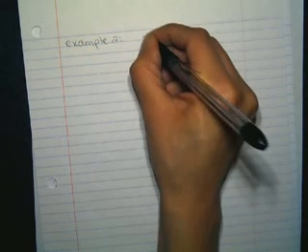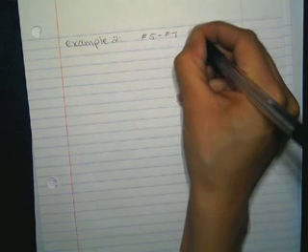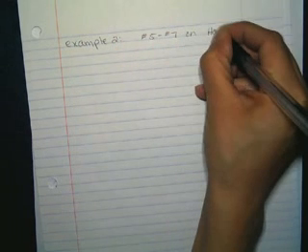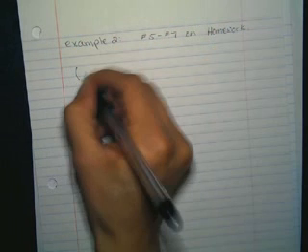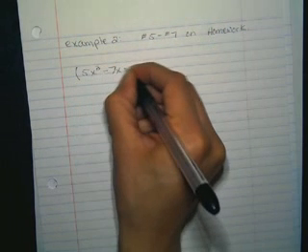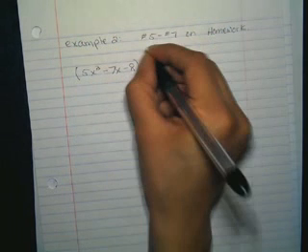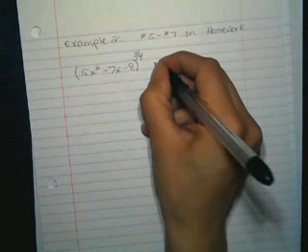Okay, so the second example, example 2, and like I said before, this is just like problems 5 through 7 on your homework. You're going to see the problem, quantity 5x squared minus 7x minus 8 to the 3/4 equals 8.